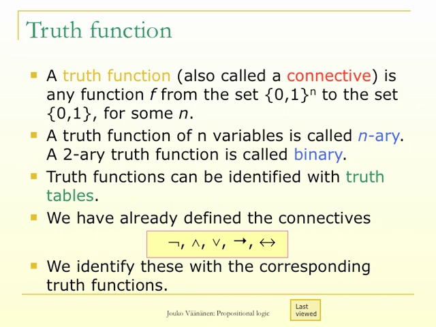Negation is the truth function which maps 0 to 1 and 1 to 0. Conjunction is a binary truth function which maps the pair (1, 1) to 1, the pair (0, 1) to 0, the pair (1, 0) to 0, and the pair (0, 0) to 0. Similarly, the other connectives.